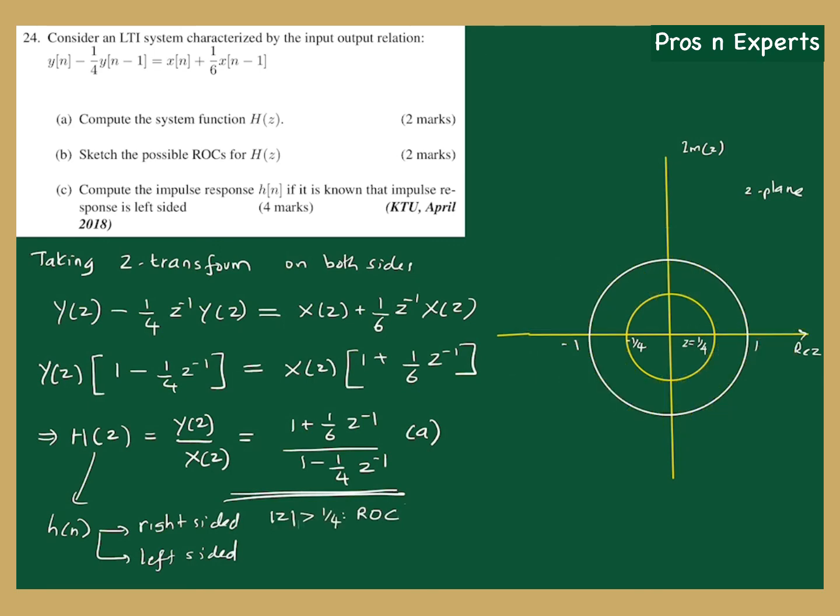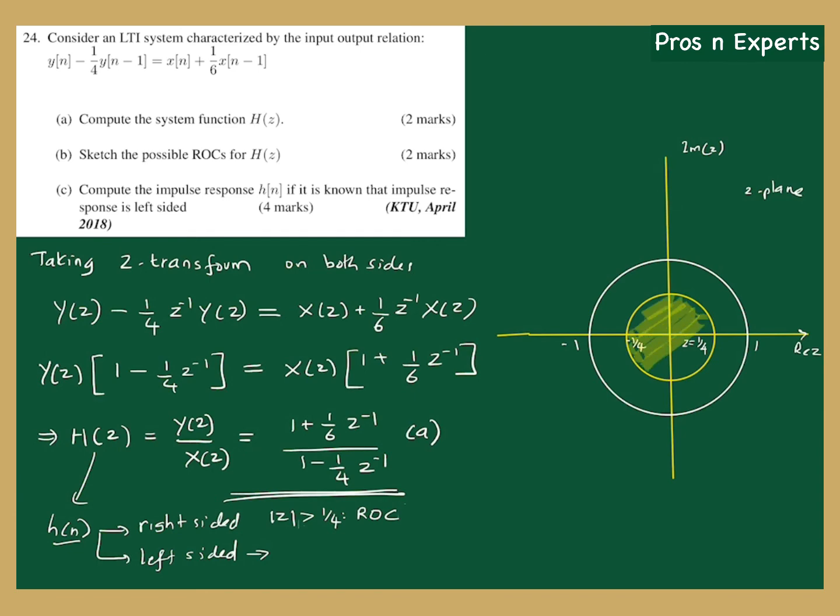Now there is one more possible ROC when the inverse transform h of n is left-sided, right? What is the nature of the ROC if h of n is left-sided? It will be inner to the innermost pole, but here there is only one single pole, so inner to the pole. So I can draw the ROC as this.